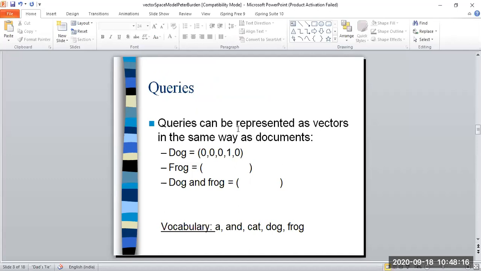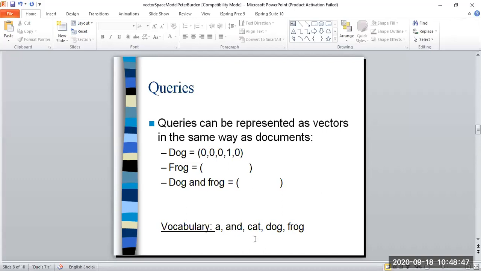Similarly, we can also convert the queries into a vector. So how can we convert a query into a vector? Let's see. Suppose we are looking for the word dog. Based on the vocabulary we have, we can convert the query of dog into 00010, because in the vocabulary we have a, and, cat, dog and frog.